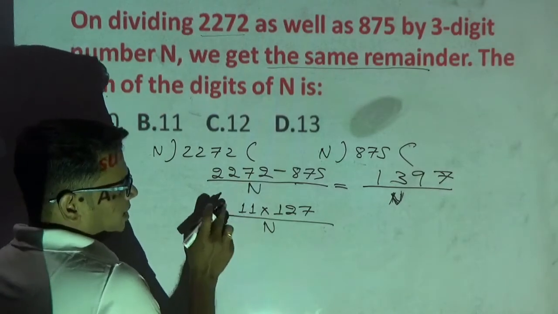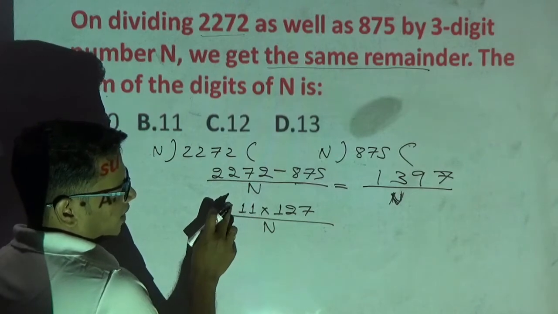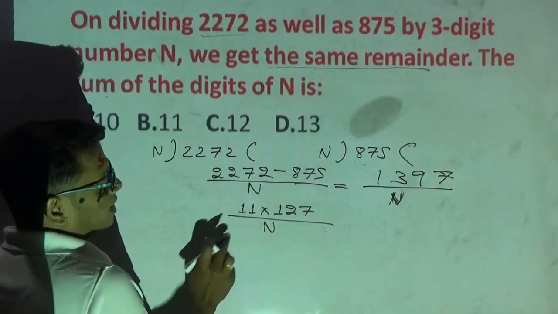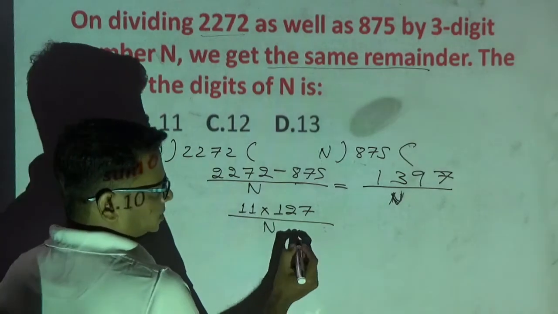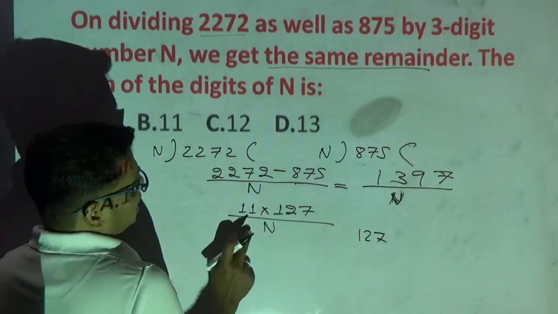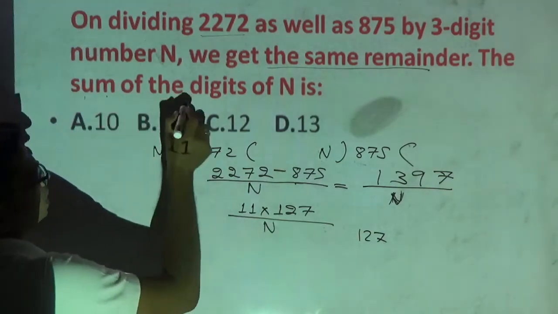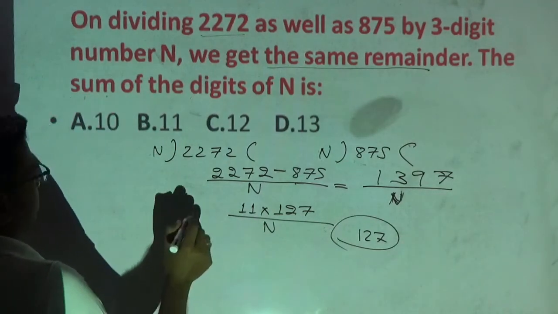So this entire number is divisible by 11 and 127 only. But n, they have told you, is a 3-digit number. Therefore, this is completely divisible by which number? 127. Correct? So n I cannot take as 11, because they have told you n is a 3-digit number. Therefore, the answer for this question is 127.